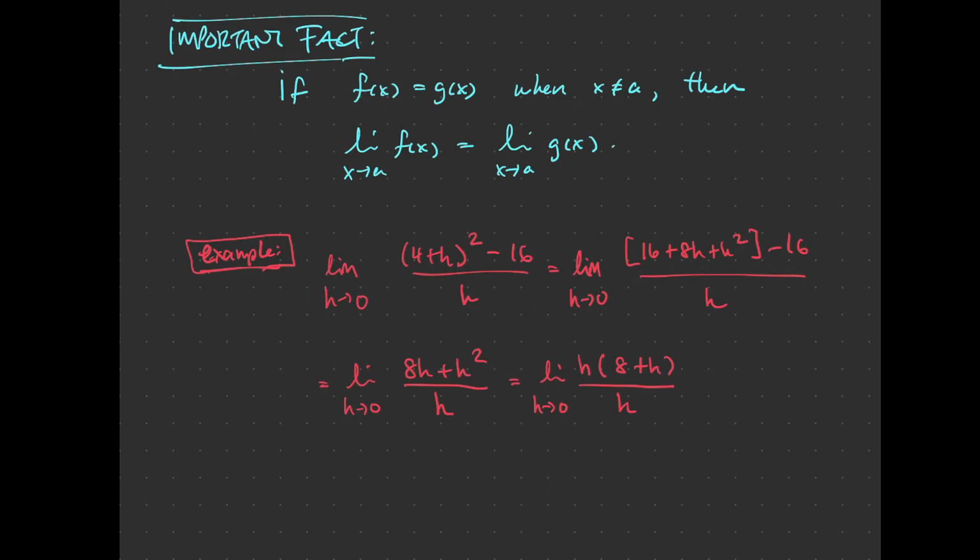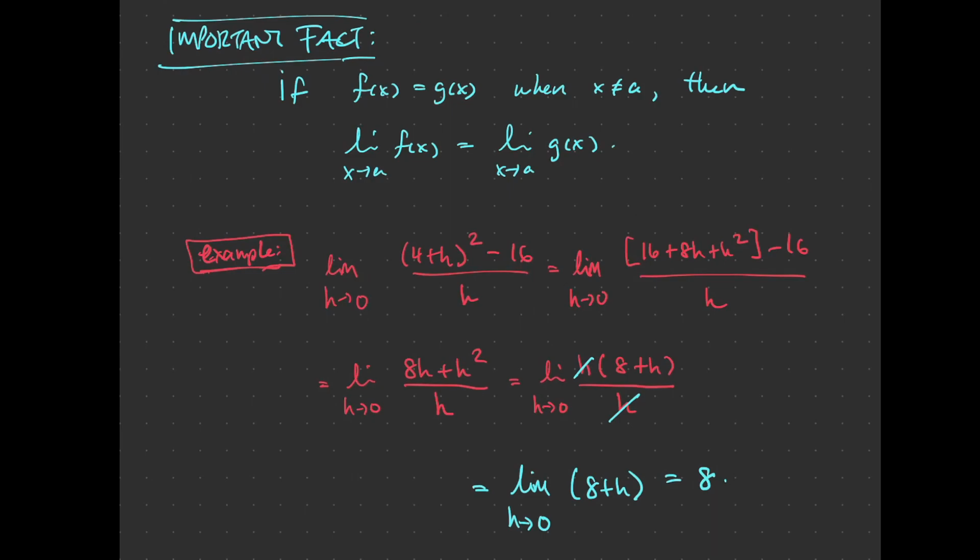So then, since we're not actually going to h equals 0, we can use the equivalent function, some g of x, where it doesn't have this issue, because I can cancel this common factor of h, and so I'll be left with an equivalent limit, as h goes to 0, of just 8 plus h, which is then just 8.